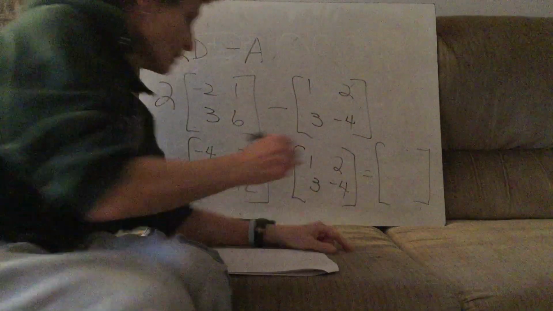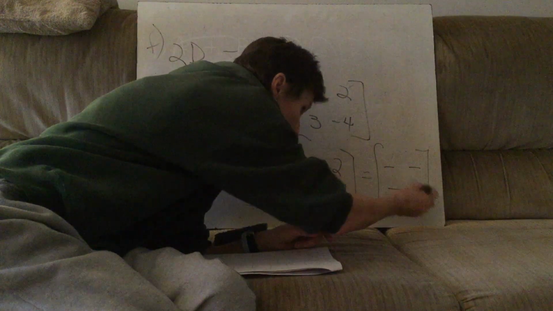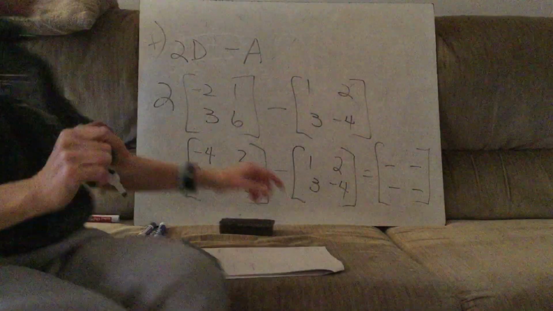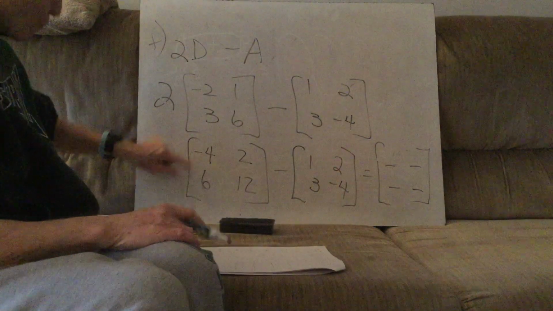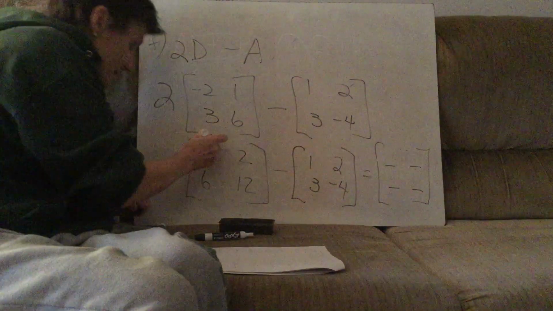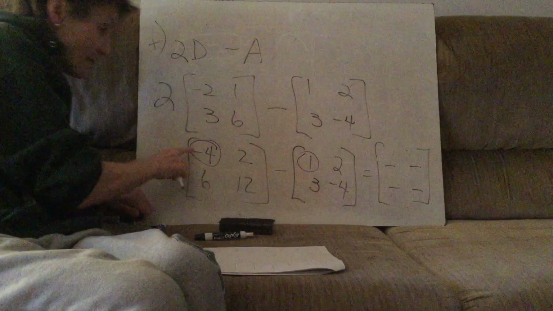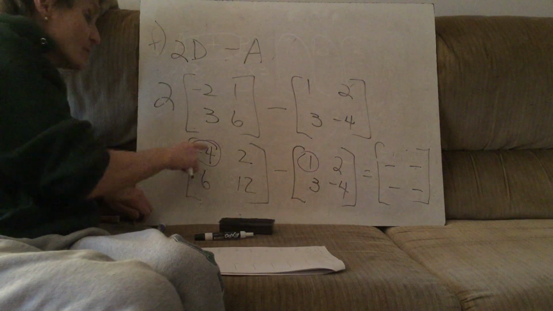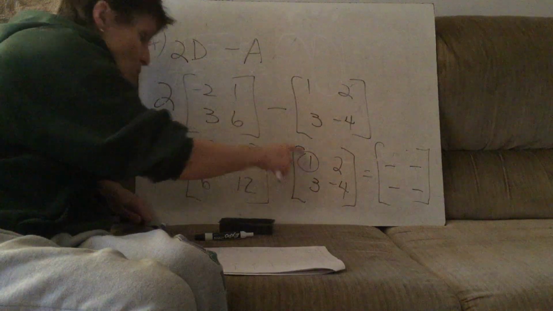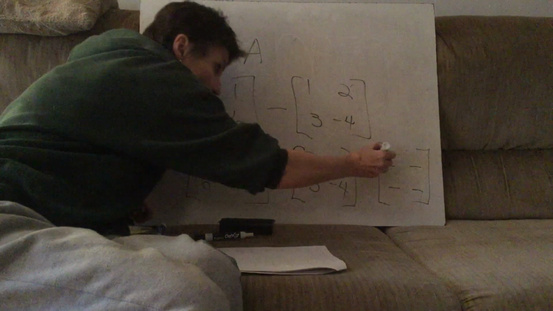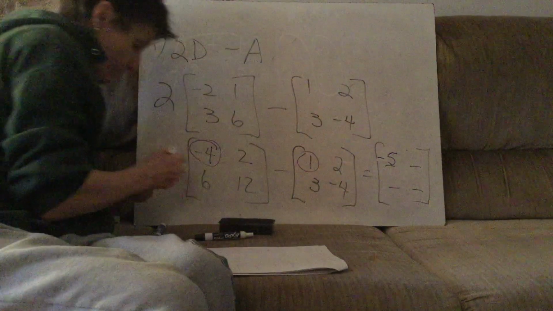So to get the number that goes right here, we're going to subtract negative 4 minus 1. Now this is a subtraction. So negative 4 minus 1 is negative 5.